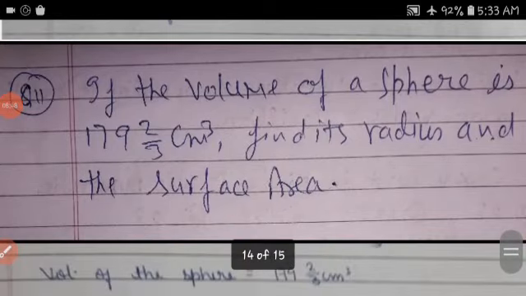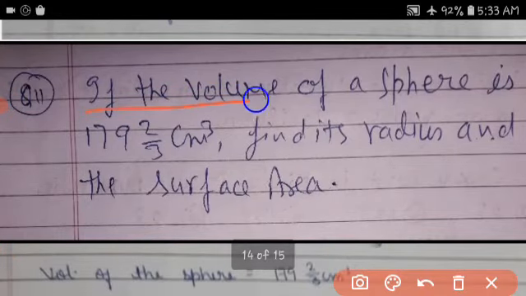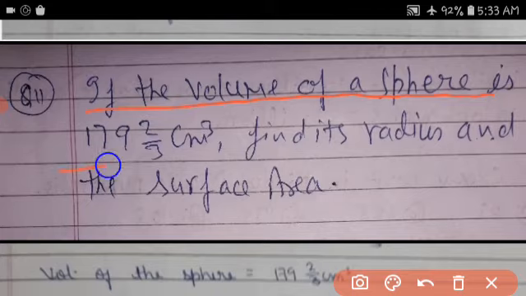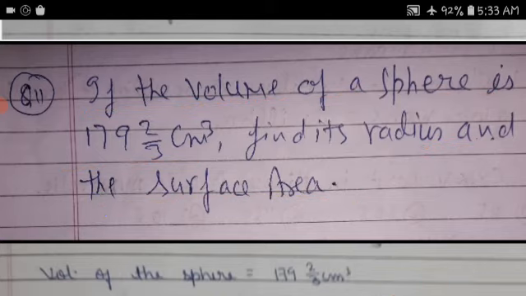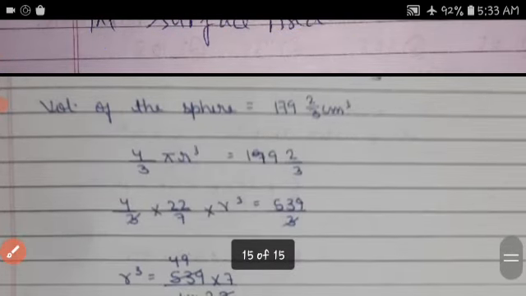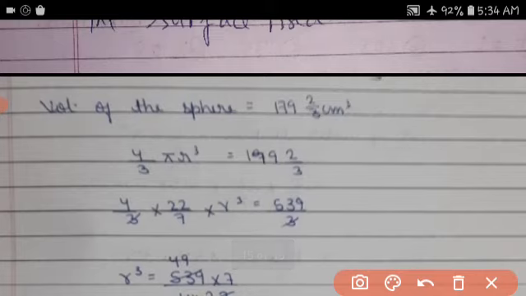Next, question number 11. If the volume of a sphere is 179 and 2 by 3 centimeter cube, find its radius and the surface area. Volume of the sphere equals 179 and 2 by 3 centimeter cube, that is 539 by 3. Now 4 by 3 pi r cube is equal to 539 by 3. Put here the value, 4 by 3, the 3 cancels out here.